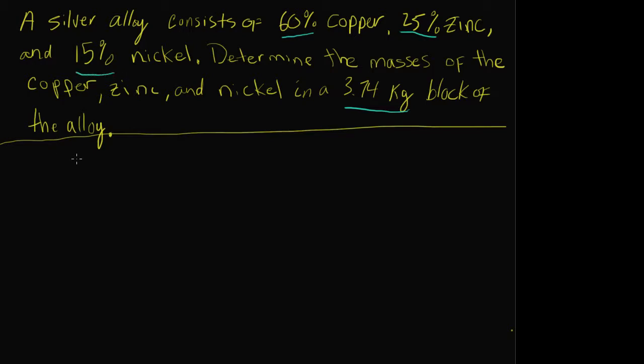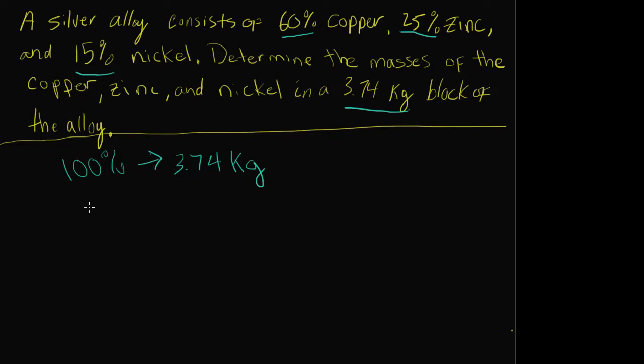So, before you begin, it's good to understand that 100% of this alloy corresponds to 3.74 kilograms. So the whole block of alloy weighs 3.74 kilograms. Common sense, right? So if that's the case, that's 100 parts of 100.